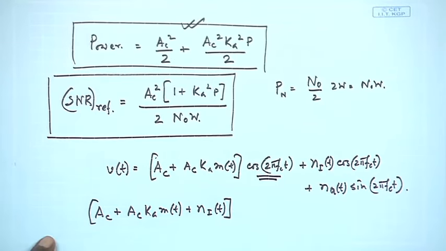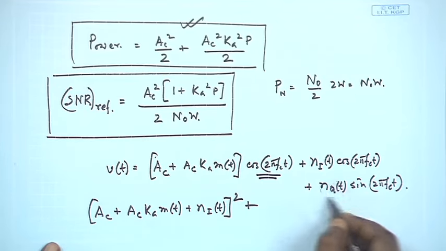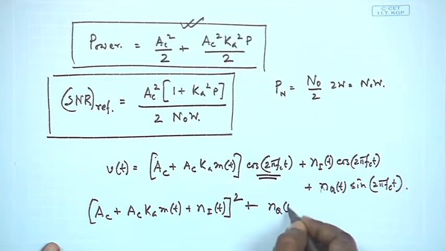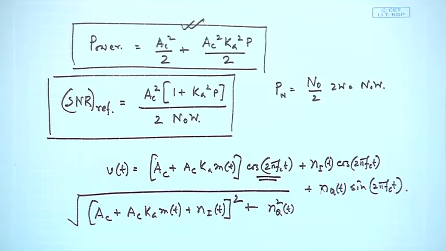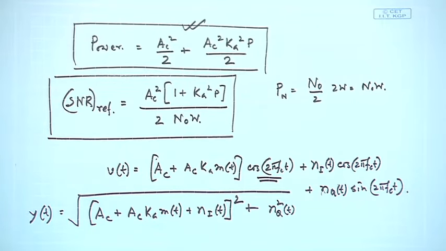So, this squared plus the coefficient of sin, which is Nq(t), squared, and I need to take a square root of that. That must be the envelope. So, this is my y(t) then, because the envelope detector will exactly detect the envelope of this carrier.